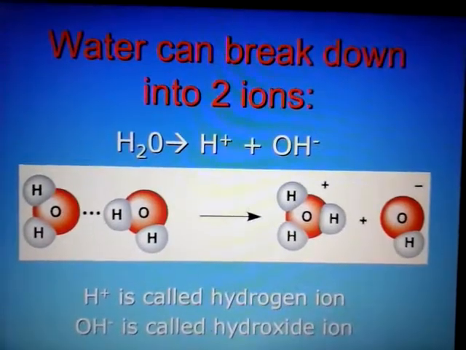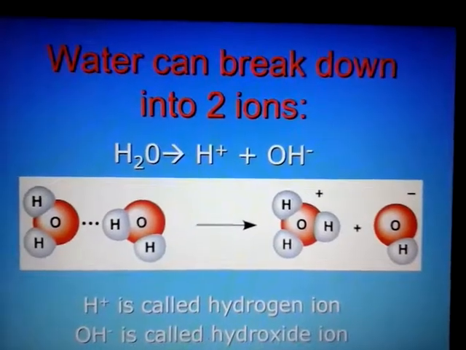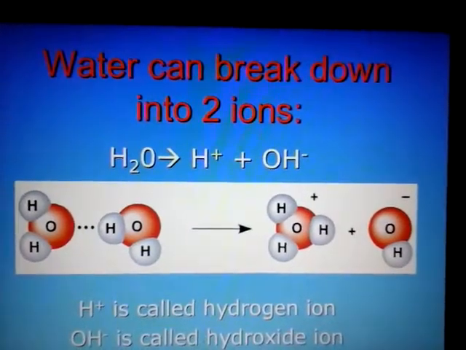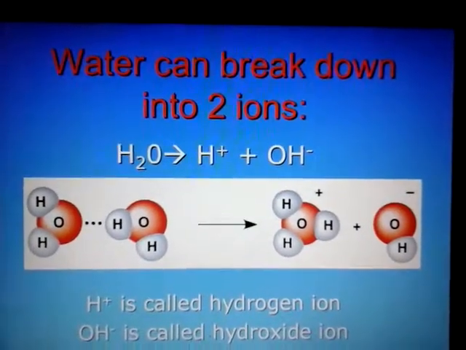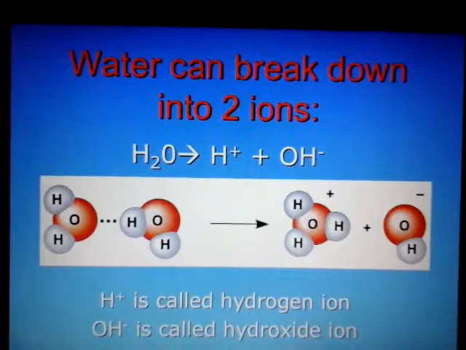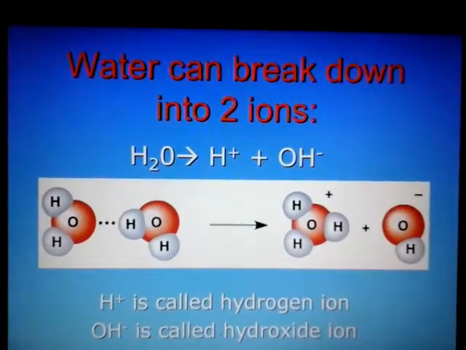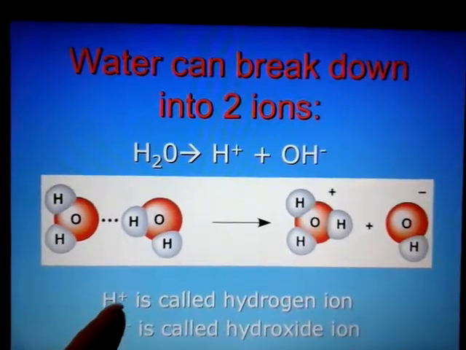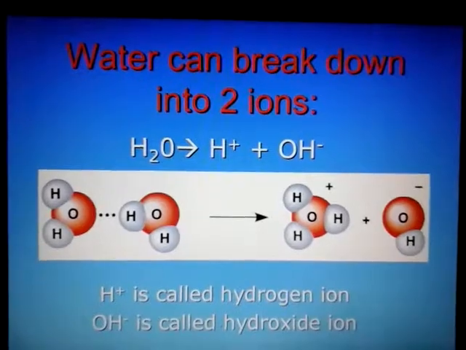Well, water, as it falls apart, should fall apart fairly equally. You should have equal numbers of hydroxide and hydrogen when water breaks down. And so, since these numbers are equal, water is neutral. The number of positives you get cancels out the numbers of negatives.